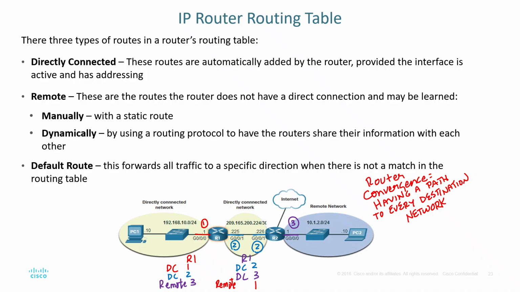Now, I could create a static route for each one of these destinations because this is a very small network, and so that wouldn't take me long as an admin. But understand, anything that we do statically, if it needs to change, we have to do that. So if my network starts to grow exponentially, I would have to sit there and create a static route to each destination and then stay on top of it and make sure that I change them if something happens.